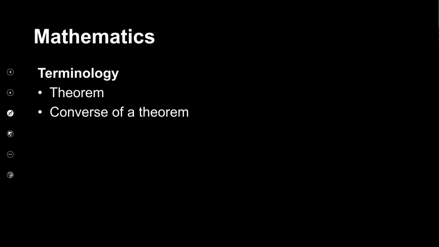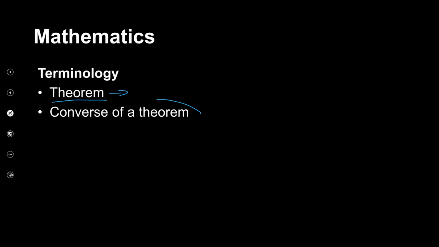Now, the terminology you need to make sure you understand under the concept of riders: what is a theorem, right? This is a statement that has some proof to it. So if I say line AB is equal to line BC because they are being bisected by a certain line, that will be a theorem, right?